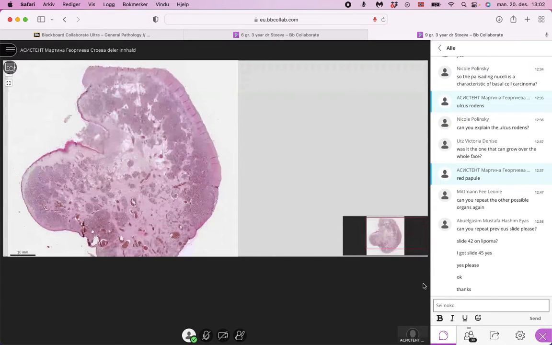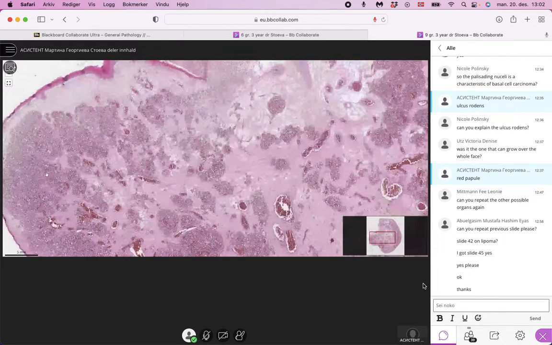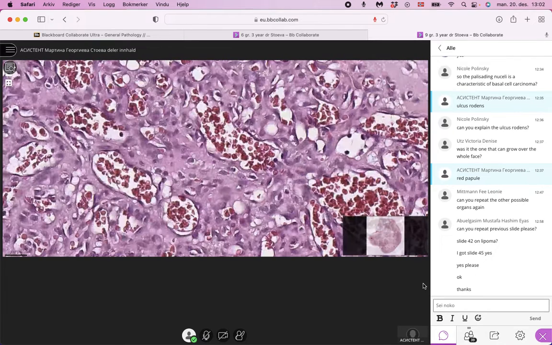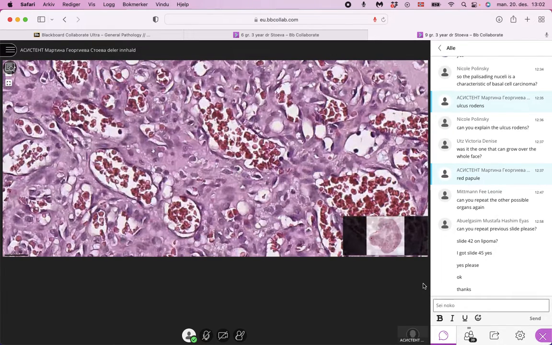And then in the subepithelial tissue in the derma, we can see proliferation of endothelial cells. And these endothelial cells form small blood vessels, capillaries, which are filled with erythrocytes.